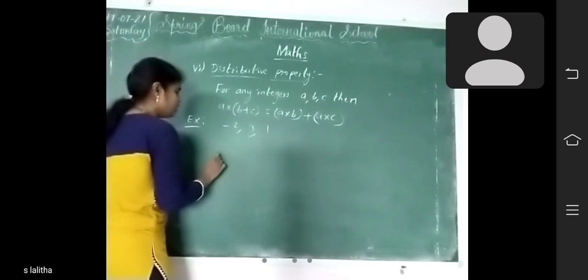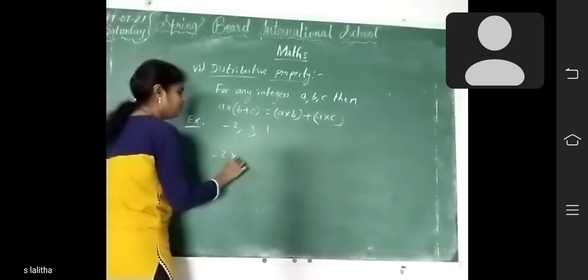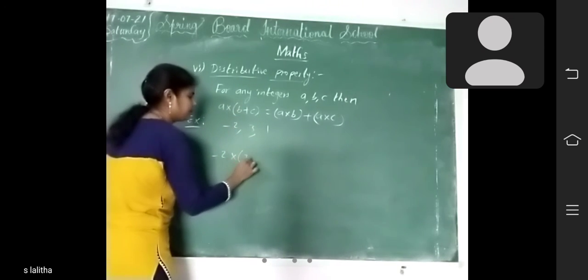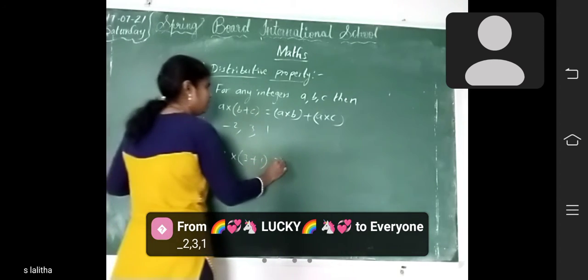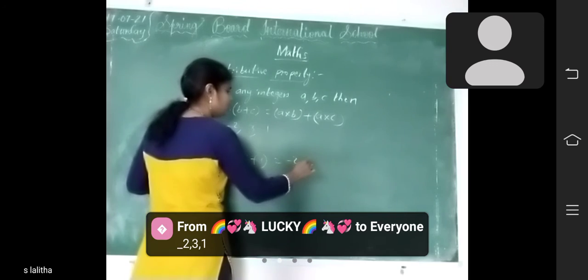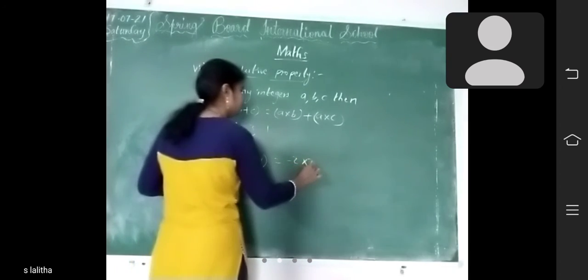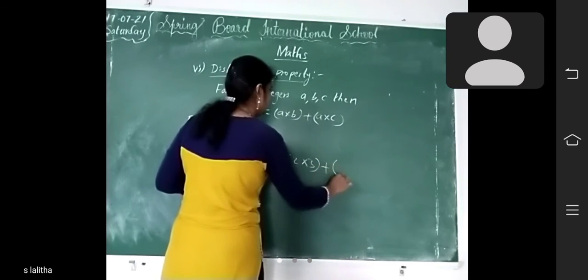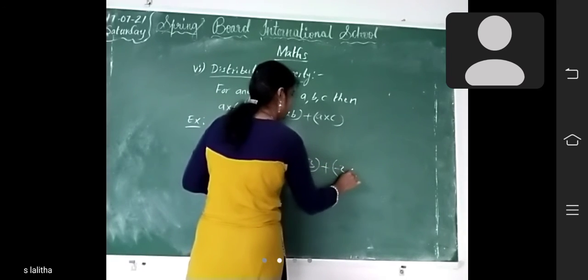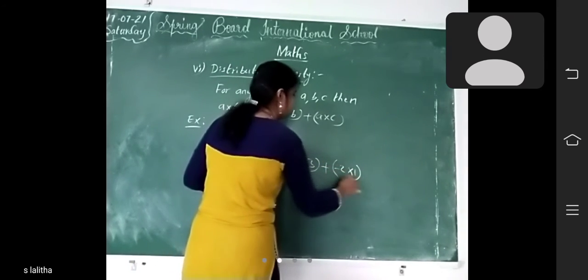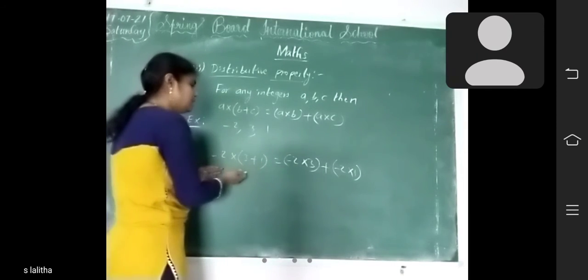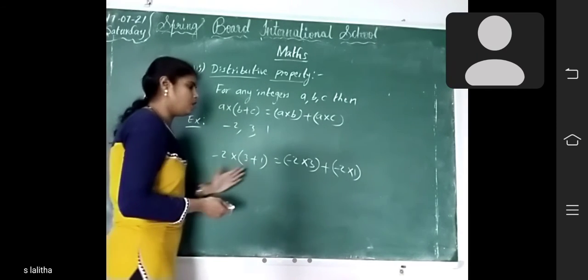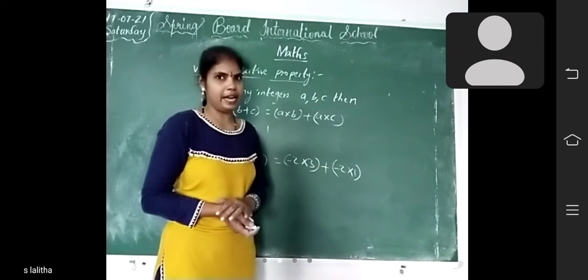A value is minus 2, B value is 3, C value is 1. So minus 2 into 3 plus 1 is equal to minus 2 into 3 plus minus 2 into 1. Before the equal to symbol is called the left hand side, after the equal to symbol is called the right hand side.